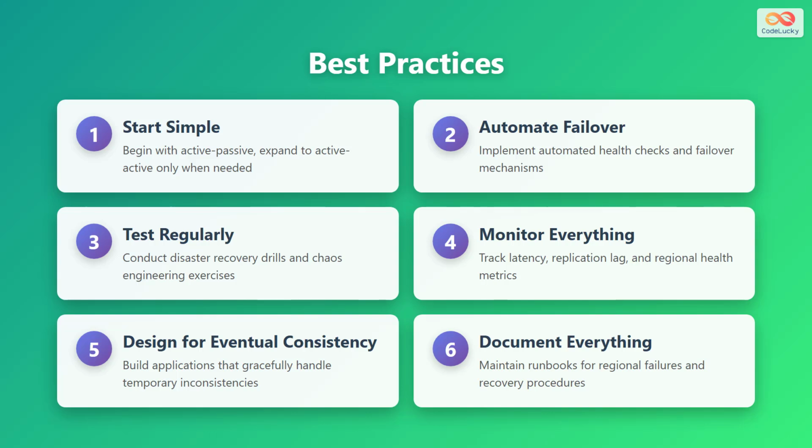Fourth, monitor everything. Track latency, replication lag, and regional health metrics continuously to detect issues before they impact users. Fifth, design for eventual consistency. Build applications that gracefully handle temporary inconsistencies between regions. Sixth, document everything. Maintain detailed runbooks for regional failures and recovery procedures so your team can respond effectively during incidents.